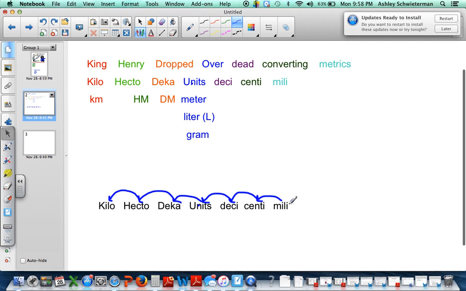But sometimes we're going to have to go from milli to kilo.